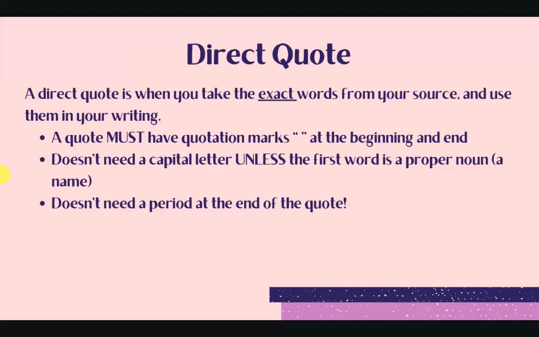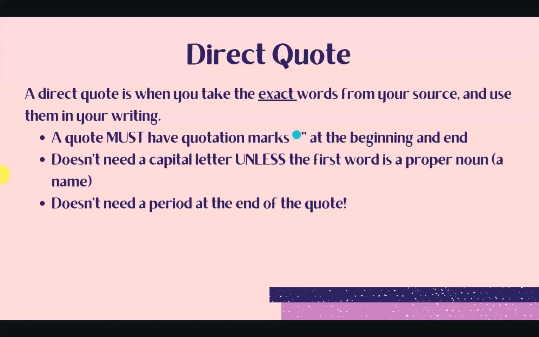So you have an article that you read and you want to take those very same words and copy them in your essay exactly like you found them. When you do that, the quote must have quotation marks. These are quotation marks right here. You have to open them and you have to close them. You need to put them at the beginning and at the end.